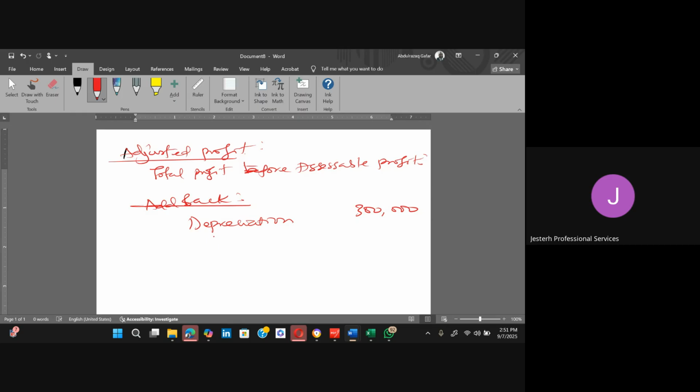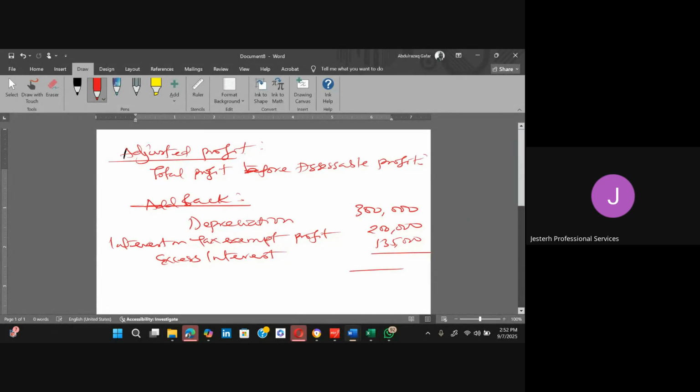Then we also add our interest on tax exempt profits, which is 200,000, right? Then we also add, what else? Excess interest, which is 135,000.